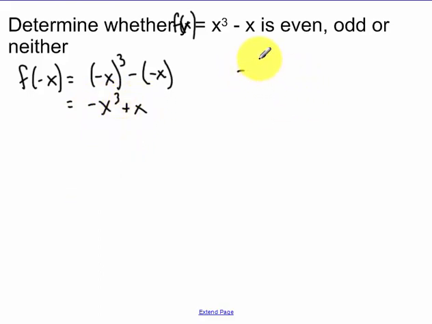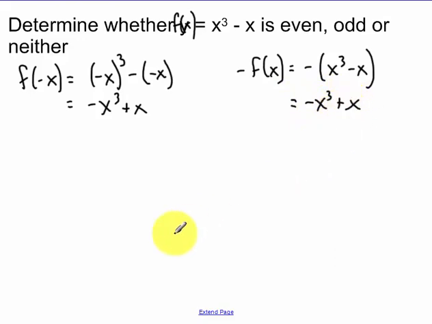Now let's figure out what negative f of x is. Okay, I knew I wasn't even because I didn't get back the original function. But if this f of -x equals negative f of x, then our function is going to be odd. So then what I do is I simplify, I distribute that negative through, and I've distributed correctly.